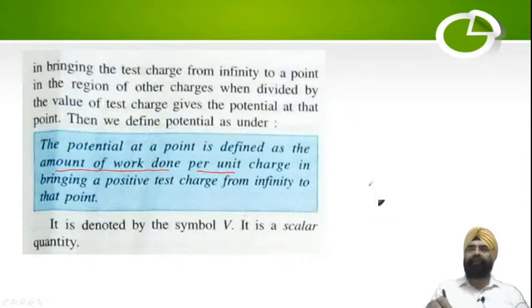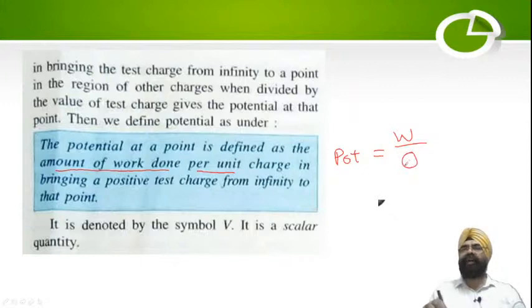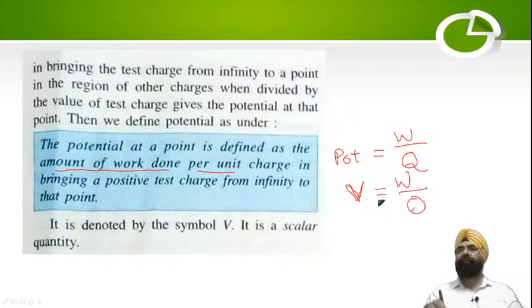Which means that the potential is equal to the work done, W, divided by the amount of charge we have brought. That gives us the work done in bringing a unit charge, so that becomes the potential, and we denote it by V. So V is equal to W by Q, right?